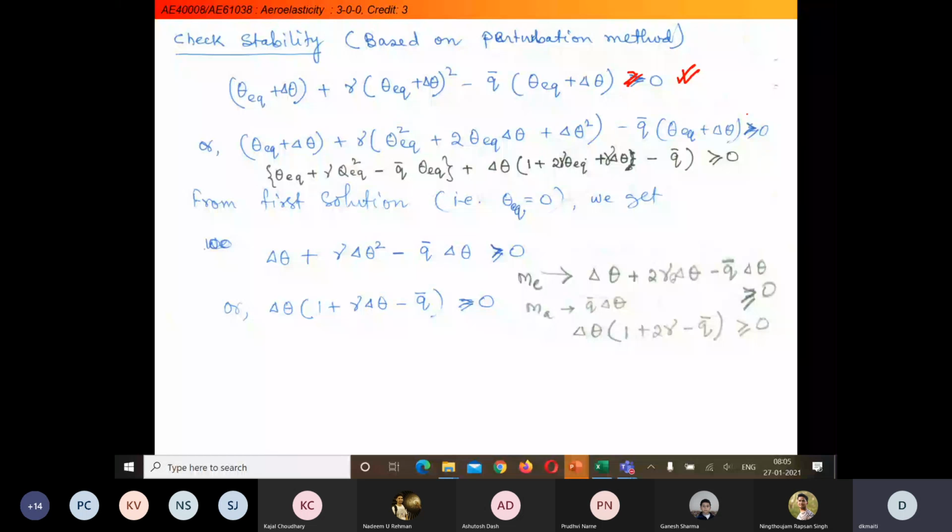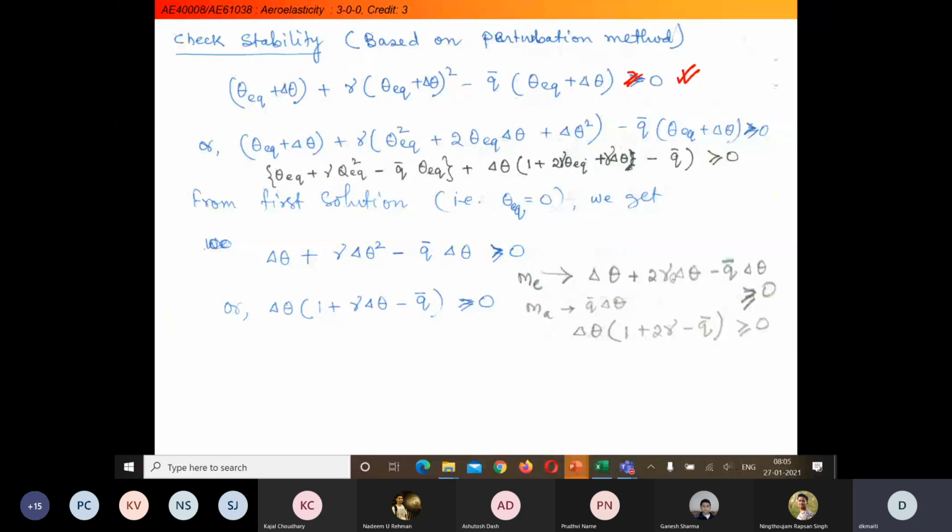After rearranging, we get one part, theta equilibrium plus gamma theta equilibrium whole square minus q bar into theta equilibrium. Another part is delta theta multiplied by 1 plus twice gamma theta equilibrium plus gamma delta theta minus q bar, greater than or equal to 0.